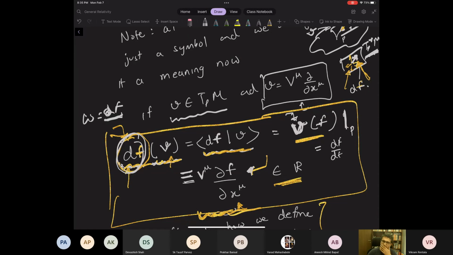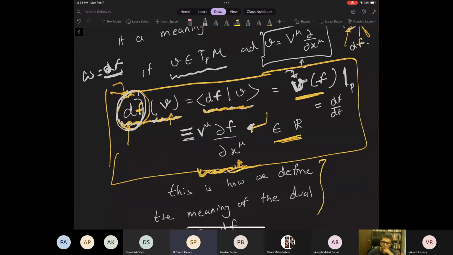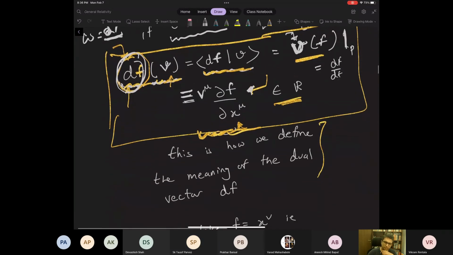Toshif, is that clear? Yes, sir. So d of f and d of g are two different basis vectors in the cotangent space. They could be the same, provided f and g are not of the same class. No, it's not guaranteed.